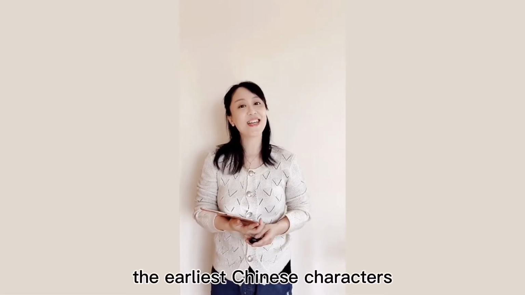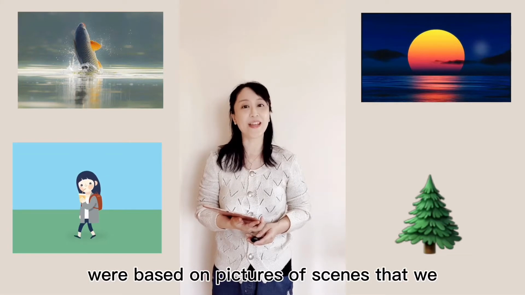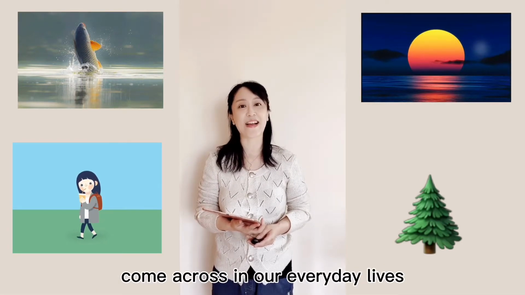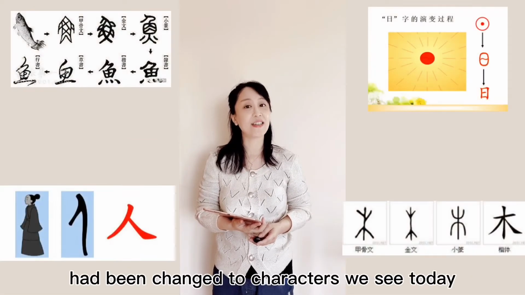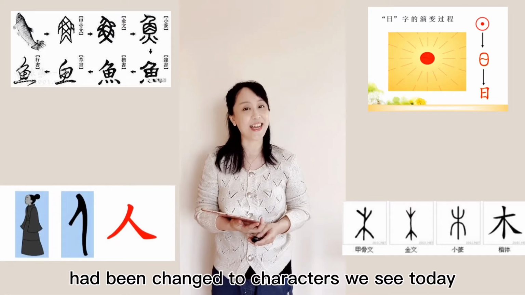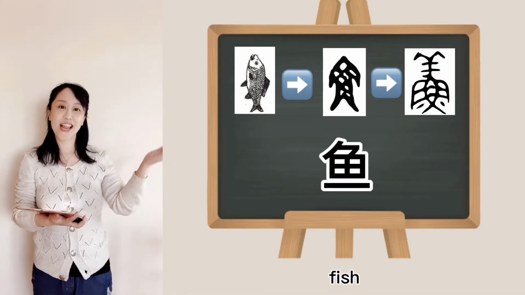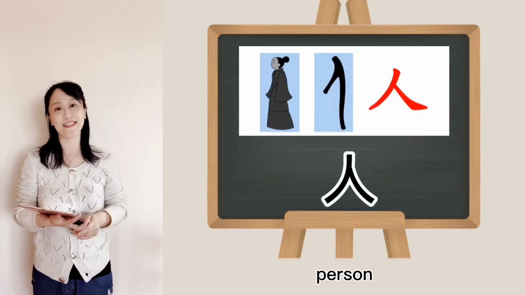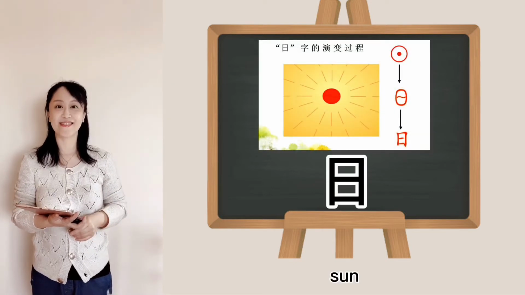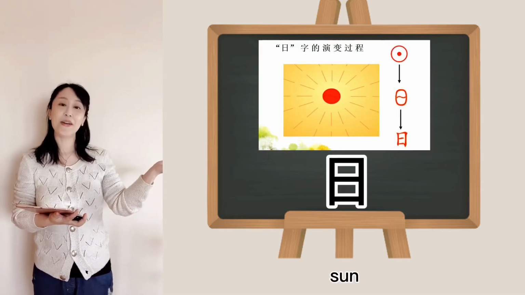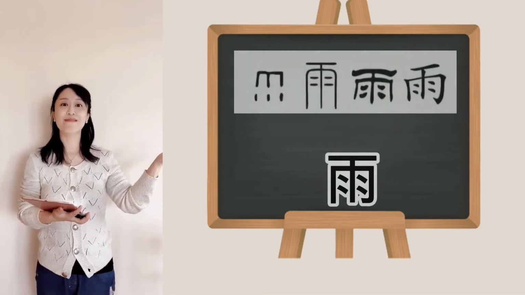Firstly, the earliest Chinese characters were based on the pictures of things that we come across in our everyday life. Over time, these pictures were changed into the characters we see today, like 鱼, the fish, 人, the person, 日, the sun, 马, the horse, 雨, the rain.